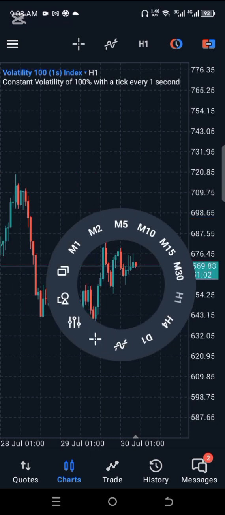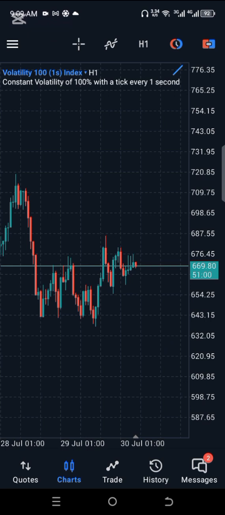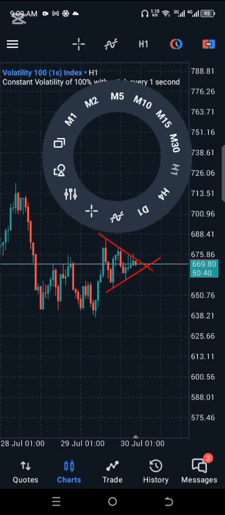Ladies and gents, I have a young trade setup here that I'm looking at. Here I see a young triangle, and one thing I've realized about triangles is that they are sort of like Wyckoff manipulations.